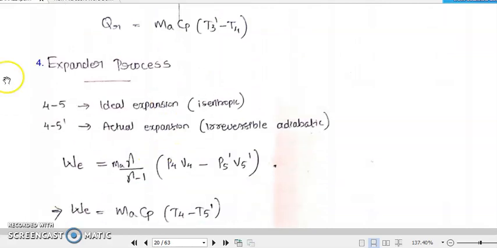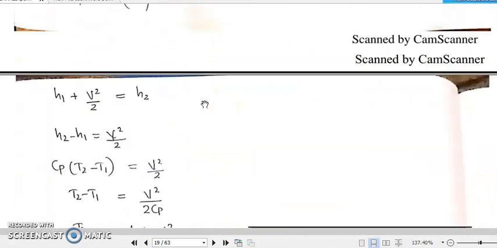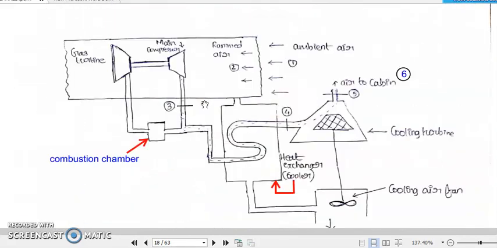Next main process in our aircraft refrigeration system is our expander process. Okay, so again let us come back to our diagram. 4 to 5 is our expander process or the turbine process, where the highly pressurized air, even though the heat is rejected to the rammed air at the cooler, the air coming from the main compressor is not losing its pressure energy.